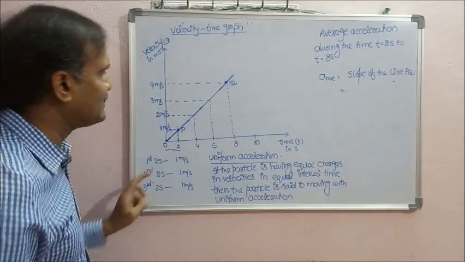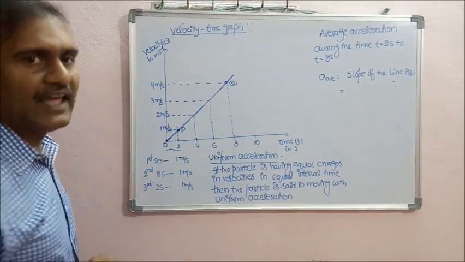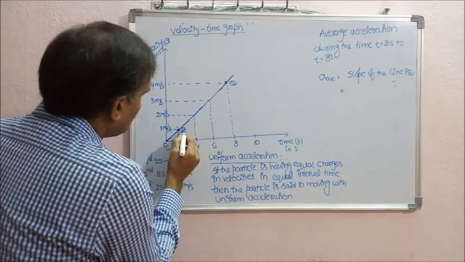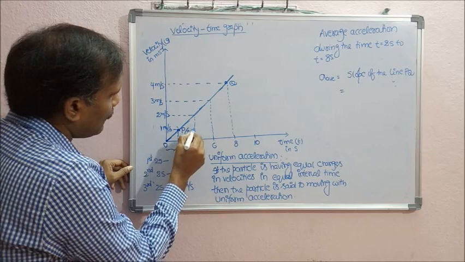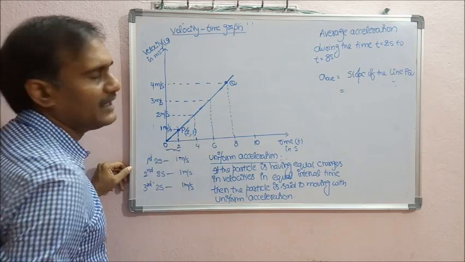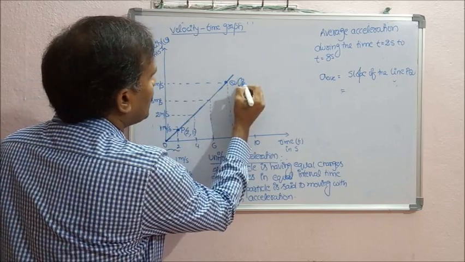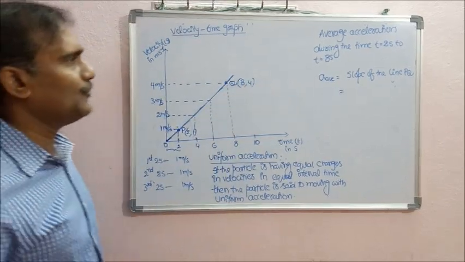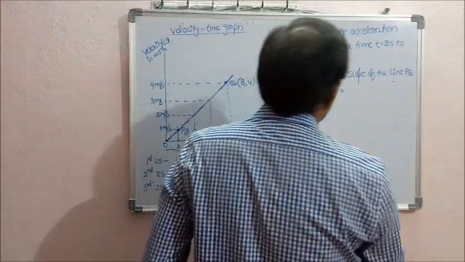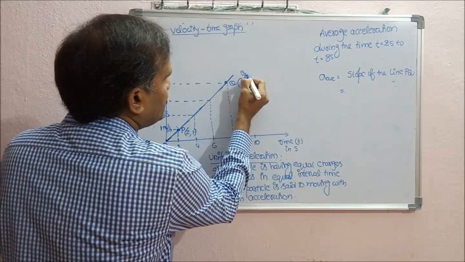How will we calculate it? Change in y coordinates divided by change in x coordinates. What are the coordinates of P? 2, 1: 2 seconds, 1 meter per second. Coordinates of Q, 8 comma 4. Now change in y coordinates. You can assume it as v2.